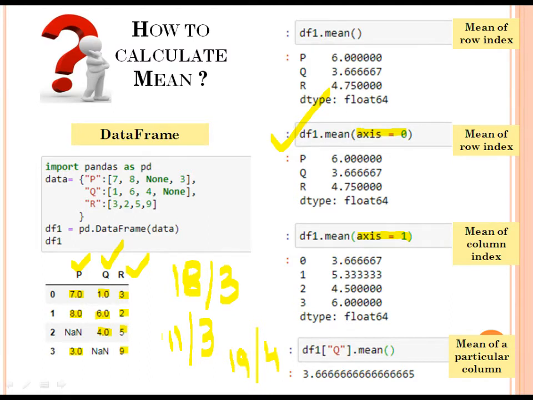So when I'm talking about the rows, it is like this. The 0th row has 7 plus 1 plus 3. So the addition of 7 plus 1 plus 3 is 11. 11 divided by 3 is the answer given here. Okay. Now the last part is df1['Q'].mean(). It means if you want to find the mean of a particular column, then we can use this expression. Okay.